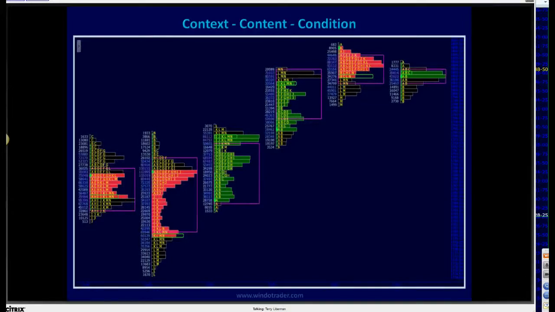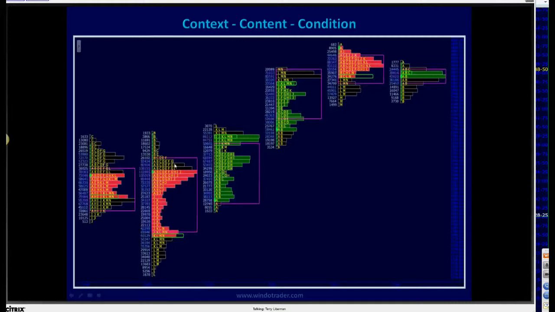Now, here's another example of context, content, and condition. In this case, what we have are volume profiles with TPO profiles overlaid on top of them. And then we've marked the value areas on each one of the sessions with the magenta colored box.